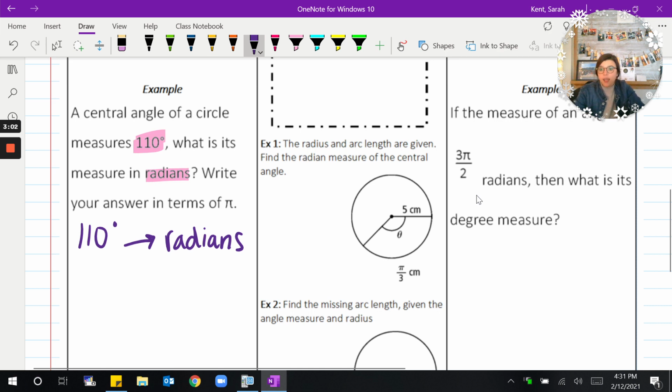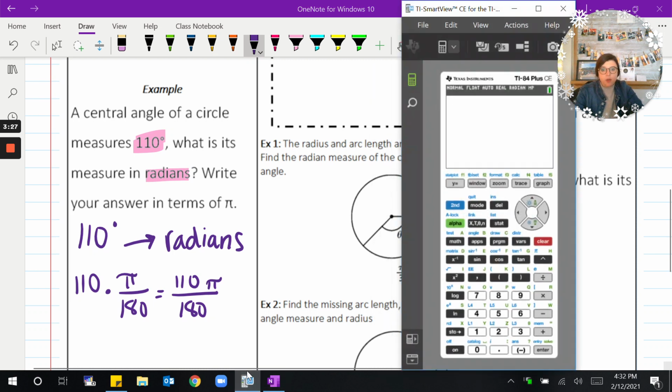To make this change, all we have to do is 110 times pi over 180. You multiply fractions straight across, so we get 110 over 180 with pi on top. Our numbers, we can make those smaller. If I get a fraction on my calculator, I can type in 110 over 180.